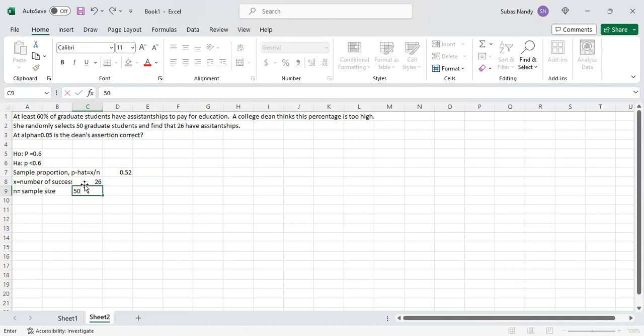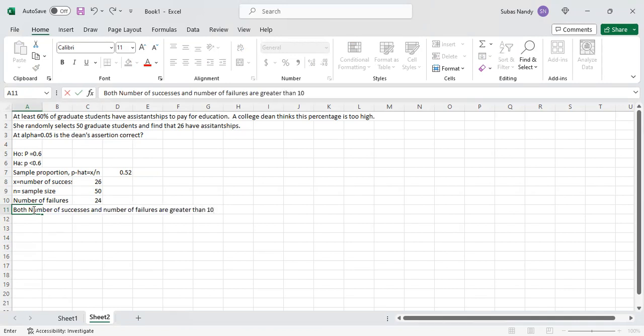So my number of failures is equal to 50 minus 26, which is 24. Both the number of successes and the number of failures are greater than 10.